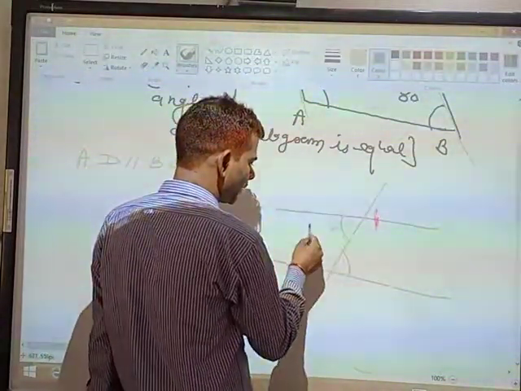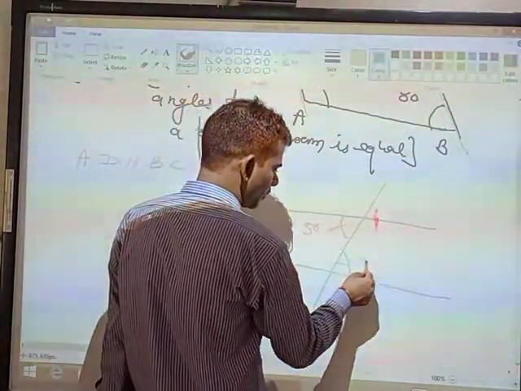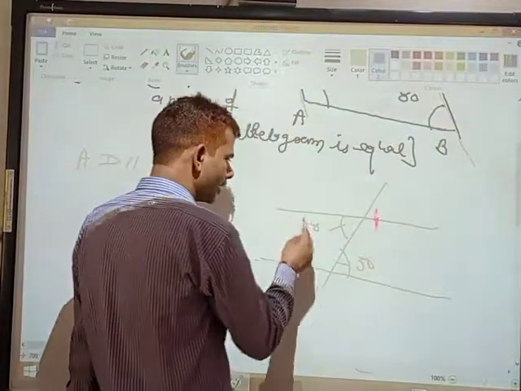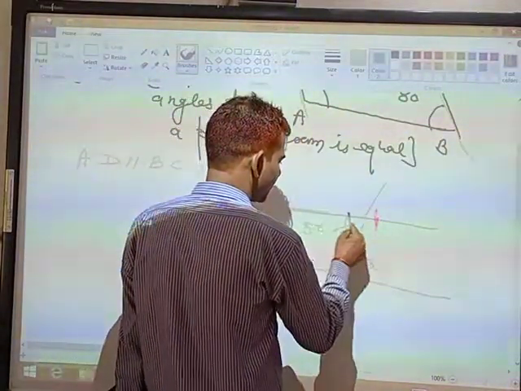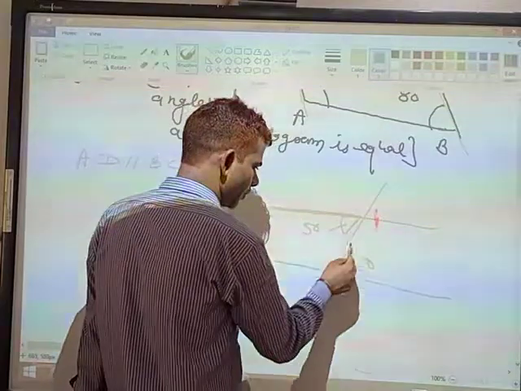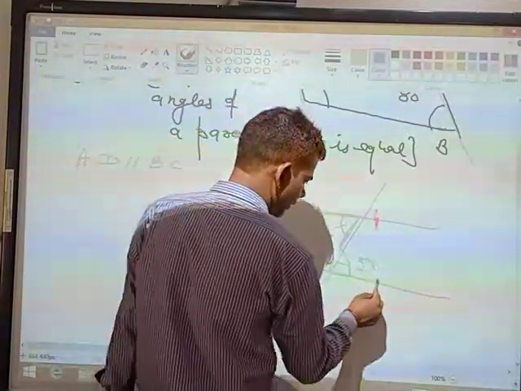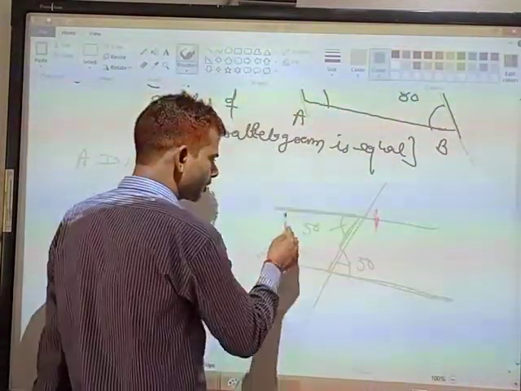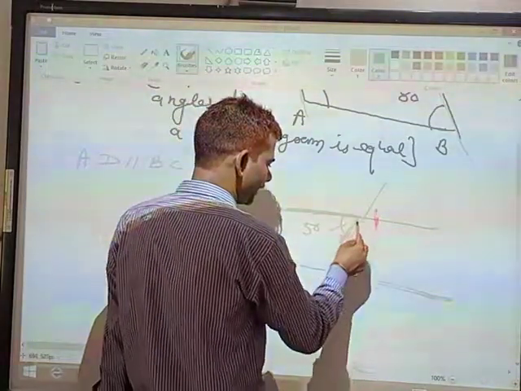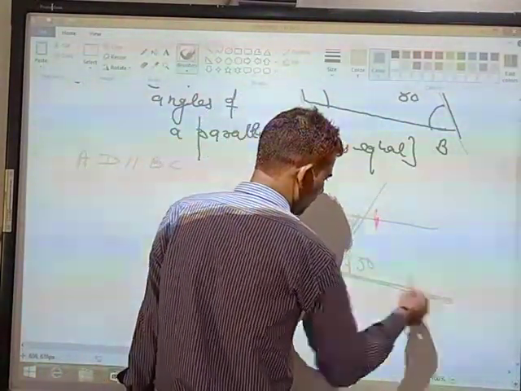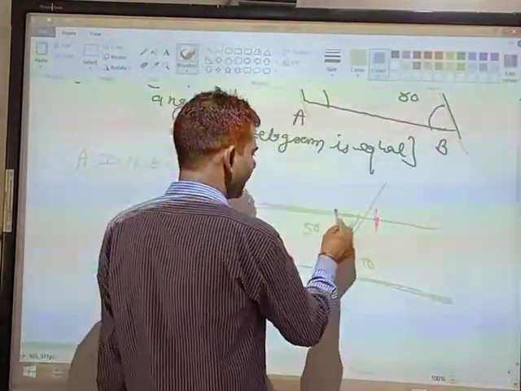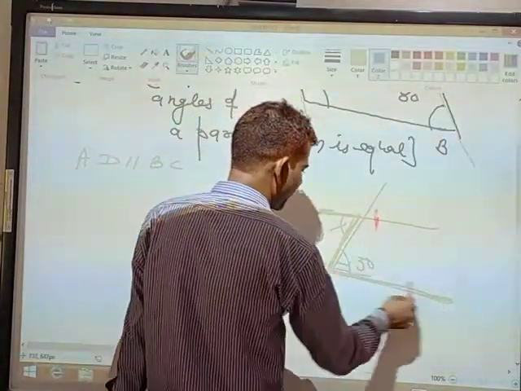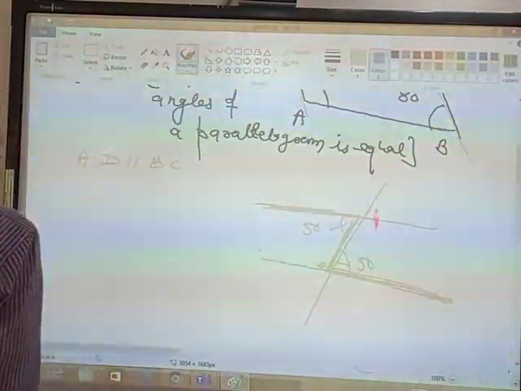Then that is your 50 and it will also be equal to 50. Formation of Z. When a Z is formed, there are alternate interior angles, okay? And if the lines are parallel, these angles will be equal.